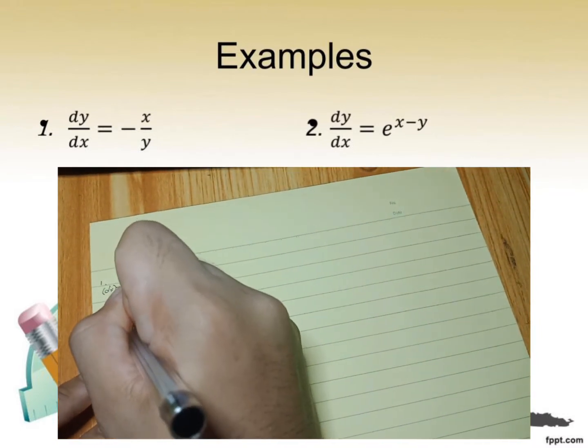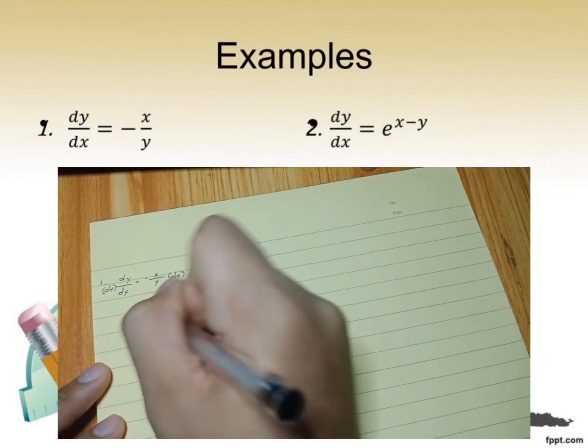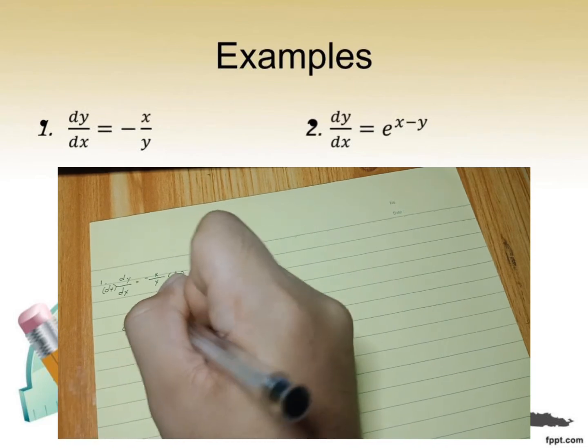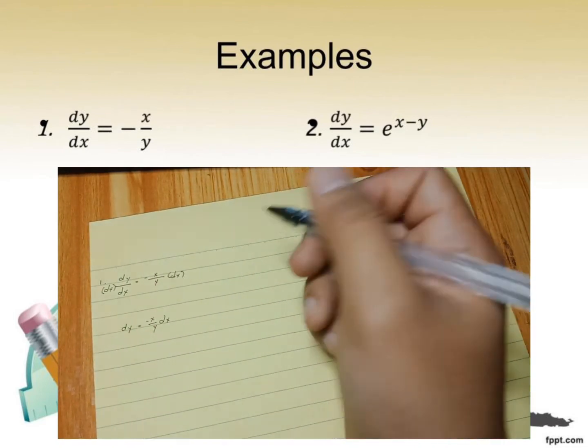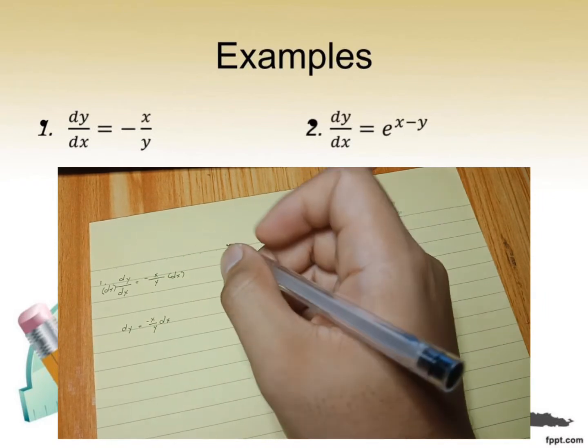So dy equals negative x over y dx. And then multiply both sides with y.